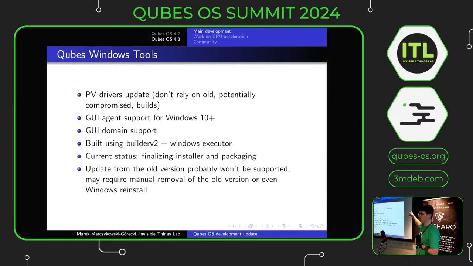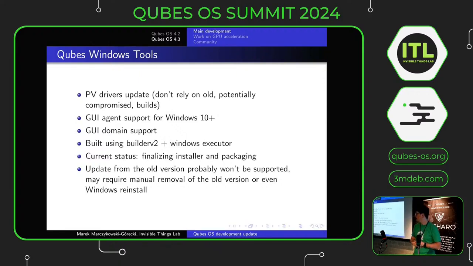Previous Windows tools were built on Linux using cross-compiling to Windows, which surprisingly worked for the small part we used, but it's not very reliable, especially if we build all the PV drivers now. So we need to build Windows tools on Windows now, but we can do that with the new Qubes Builder.